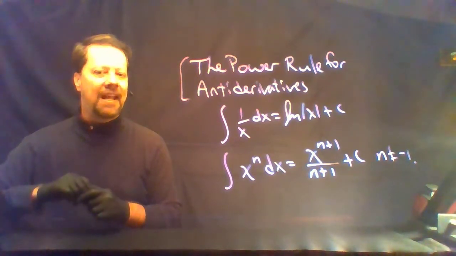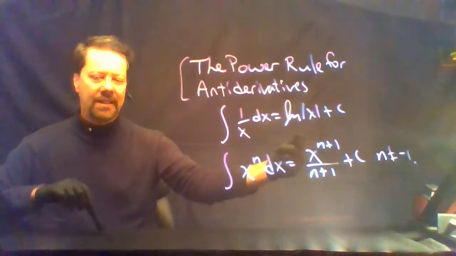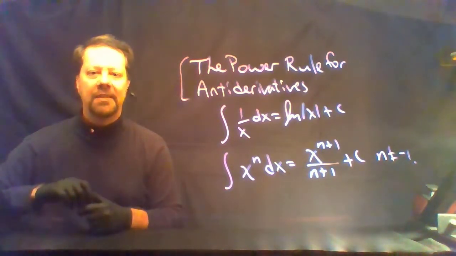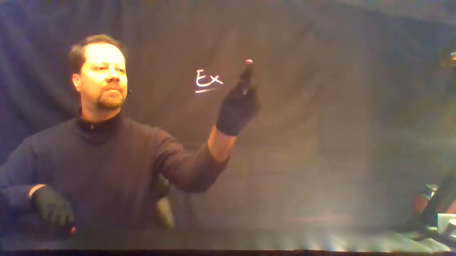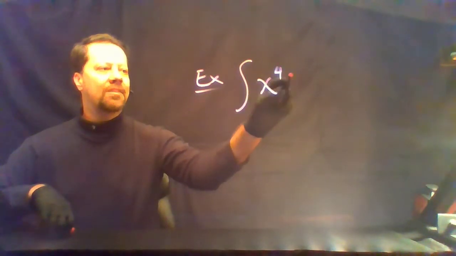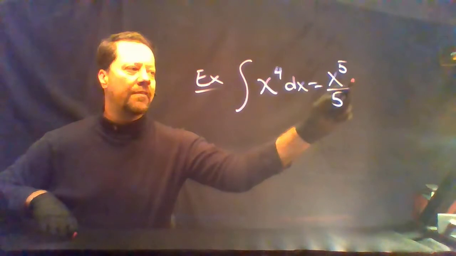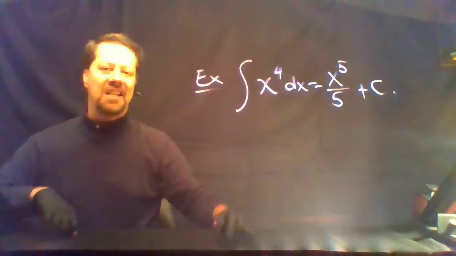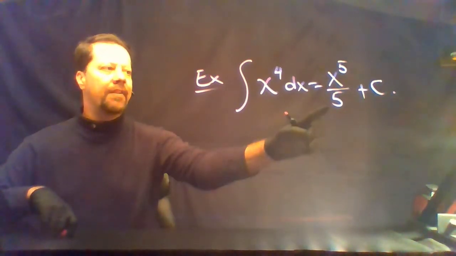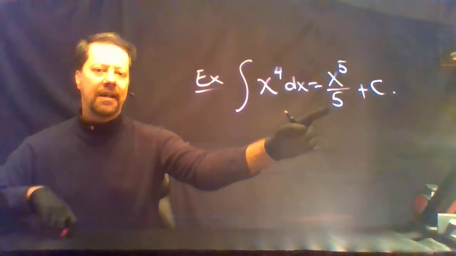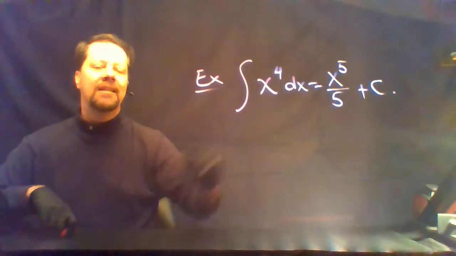Don't forget, for antiderivatives, you add 1 to the exponent and divide by the new exponent. As an example, if I'm integrating x to the 4th, I'll have x to the 5 over 5 plus c. Note that the derivative of x to the 5th divided by 5 plus c is x to the 4th.